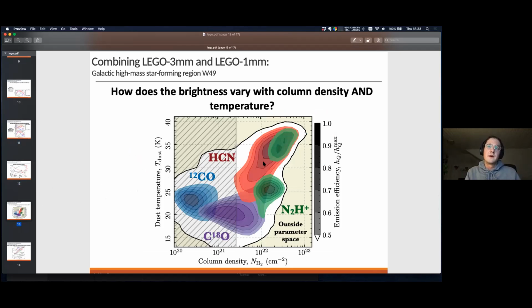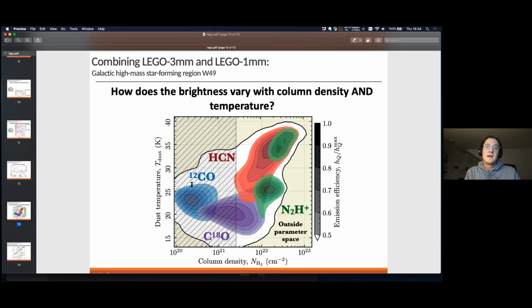What we do is exactly the same as what I was showing before. Where the contours peak is where you have that high emission efficiency, so where these molecules are emitting most efficiently in this parameter space. Similar to the peaks here in the column density. Again, we have the column density on the x-axis and the dust temperature now on the y-axis.